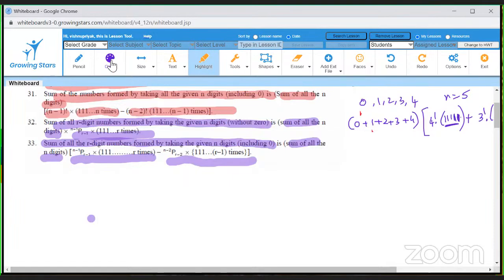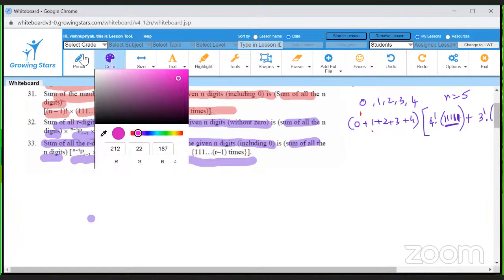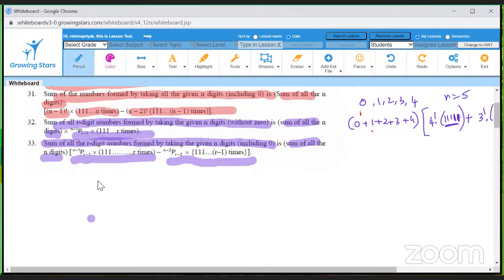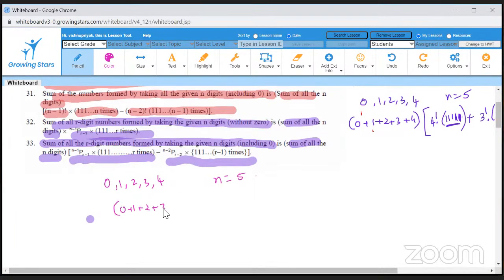So I'll give you one example for this. Suppose I give you, including 0: 0, 1, 2, 3, 4. So n is 5 here. 0 is also included. N is 5. So how many numbers can I form, and after forming, if I add, what will be the sum? First I have to take the sum of all the digits I have.